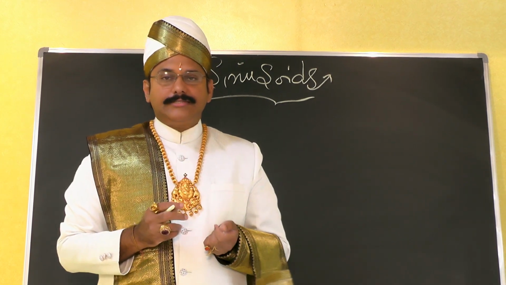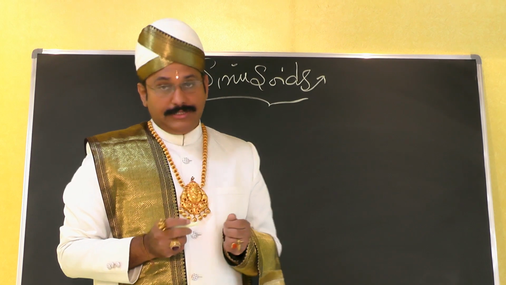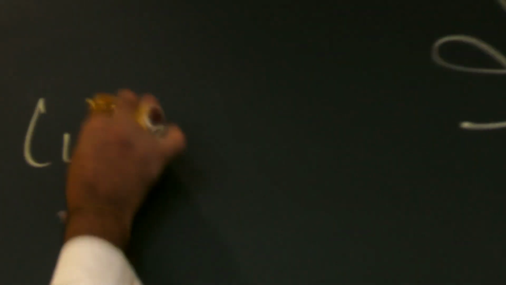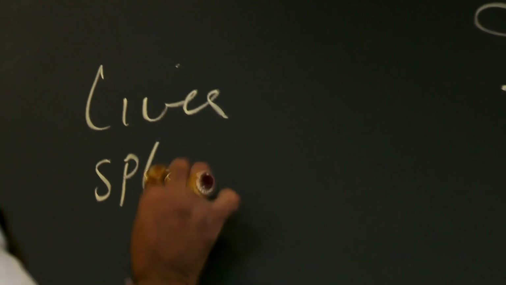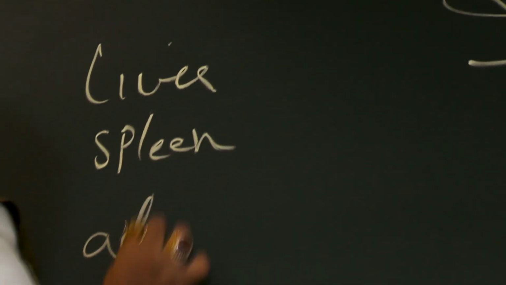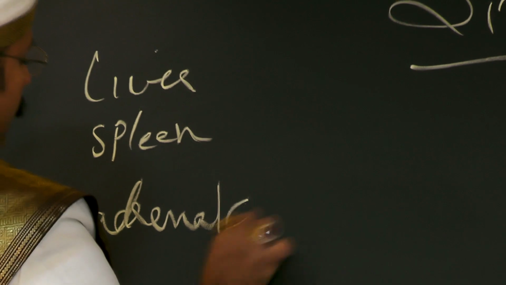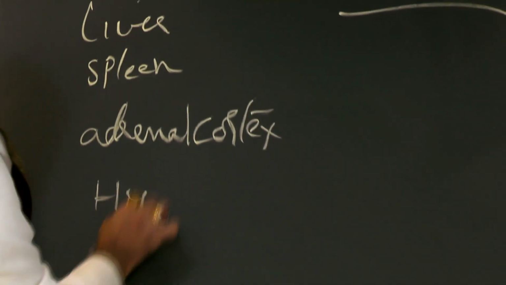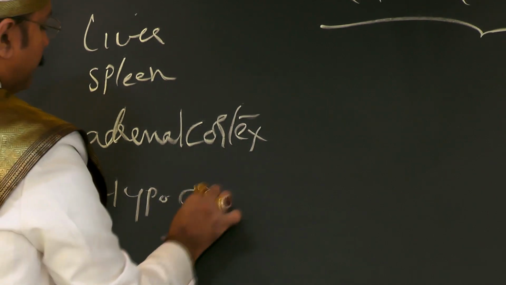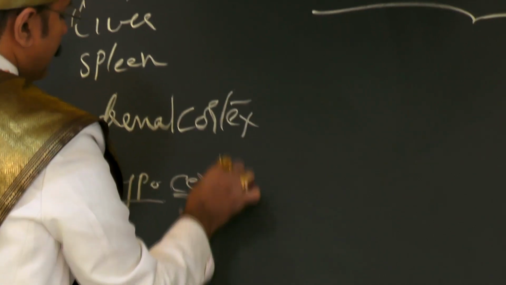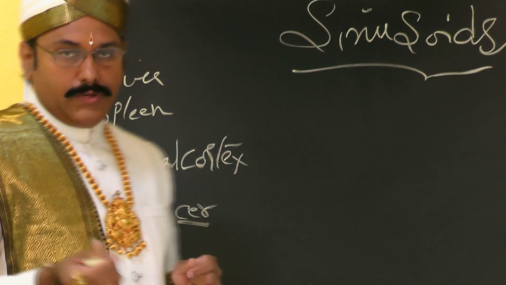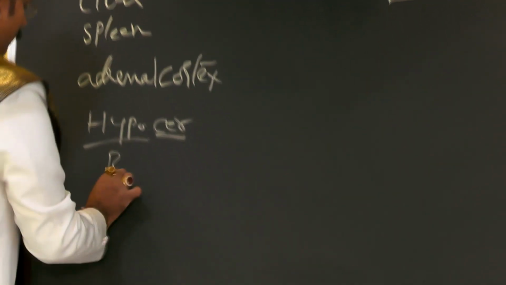Now the sinusoids, they replace the capillaries in so many organs like liver, spleen, adrenal cortex, also hypophysis cerebri or your pituitary gland, and bone marrow.